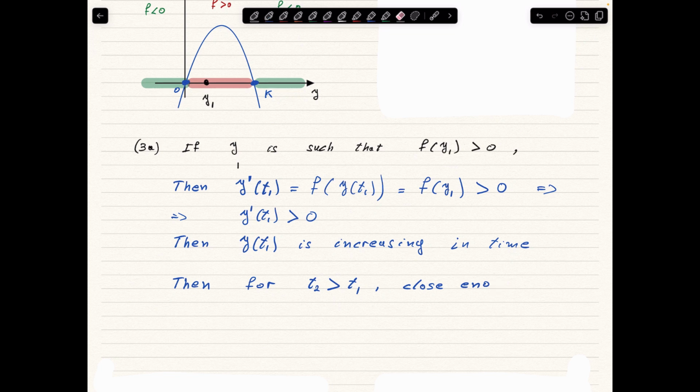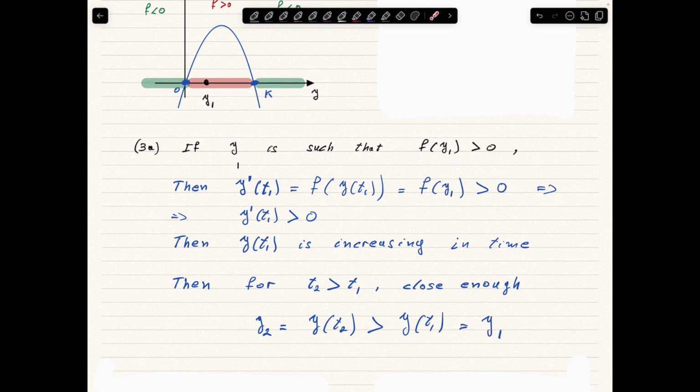Oh, I forgot something. Close enough. There. What happens? Well, the value of that function, if y2 is that value, because the function is increasing, the y at t2 has to be bigger than y at t1, which is y1.